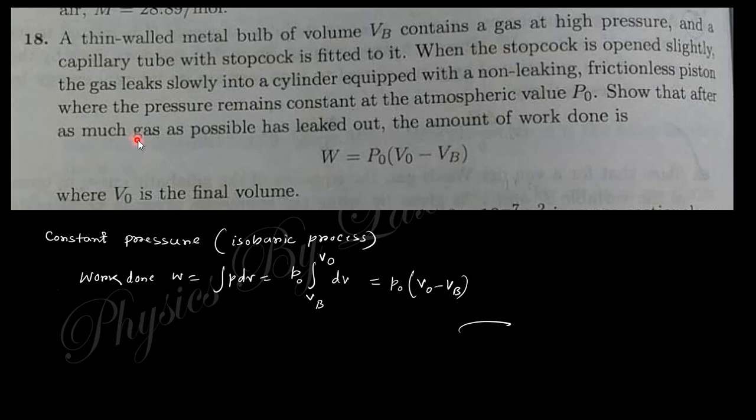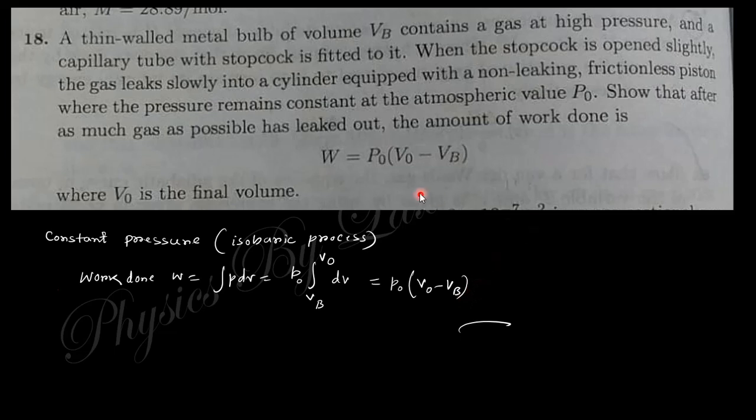After as much gas as possible has leaked out, the amount of work done equals this. You know the work done equals the integral of P dV. P is constant because the pressure is constant. So integrating dV, Vb is the initial volume and the final volume is V0. So this is P0 times (V0 minus Vb).